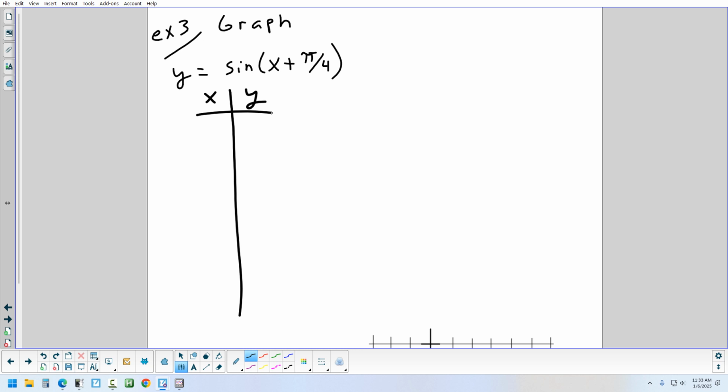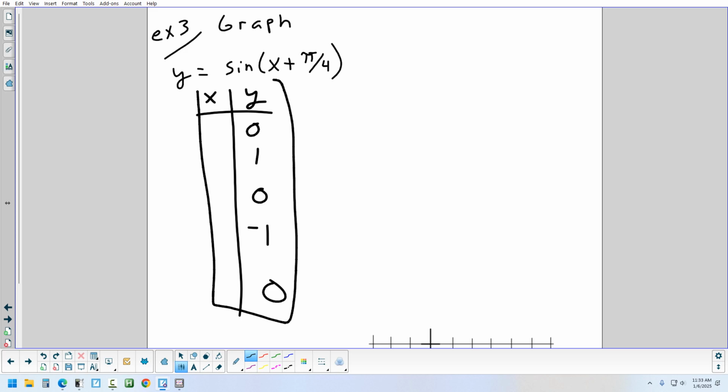Y. And what are my Y's? 0, 1, 0, negative 1, 0. Okay, and my original X's? 0, pi over 2, pi, 3 pi over 2, and 2 pi. All right. Are we going to add or subtract to all of them? Subtract. And how much? Pi over 4. Subtract pi over 4.